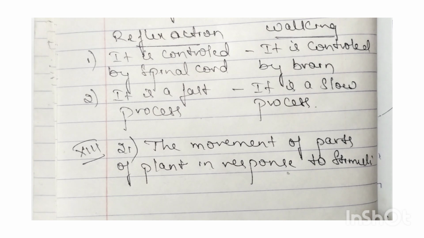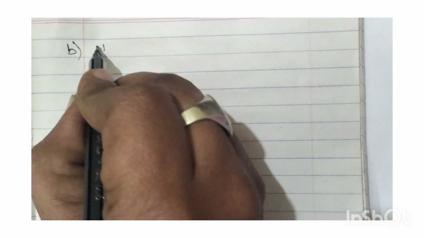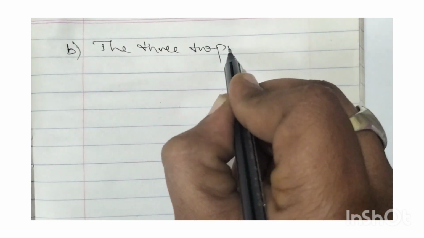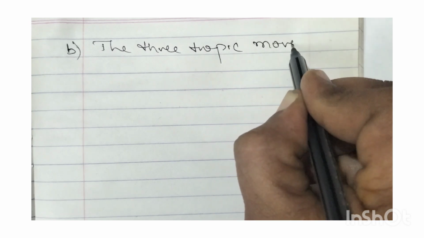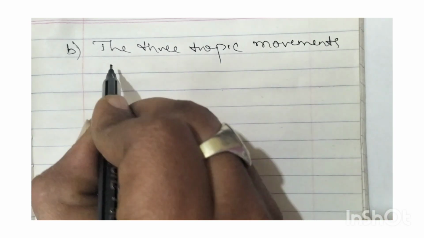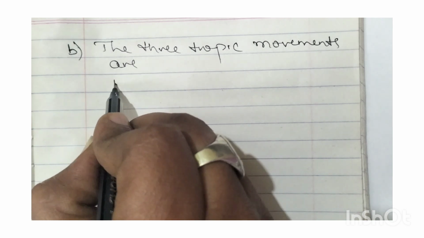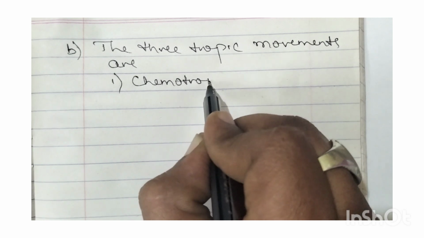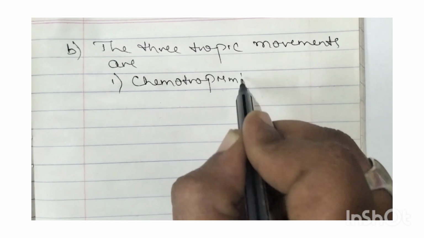Now we have to name any 3 tropic movements with suitable examples. So let us explain 3 tropic movements with examples. The first one is chemotropism.